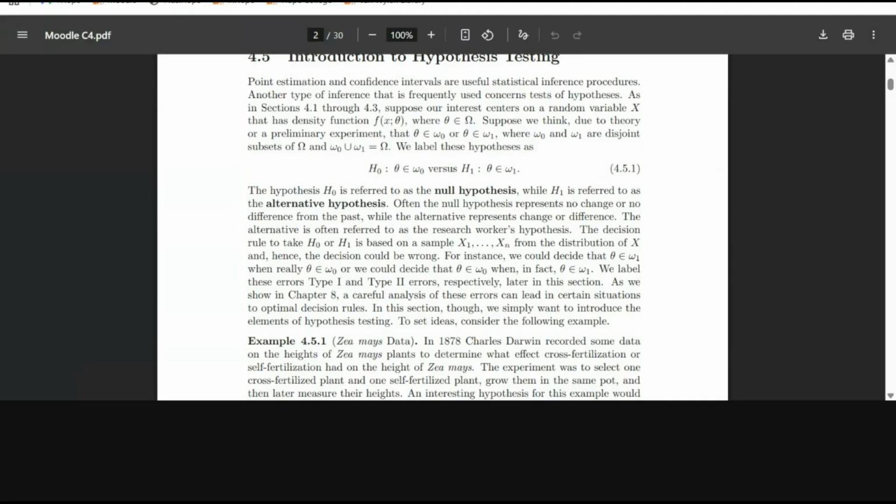So let me clarify with a simple example what this could mean. If I were doing the case of a one mean problem, I might test this hypothesis, and you might have seen this kind of thing before. Mu is 15, okay, versus mu is not 15. This should be very familiar.